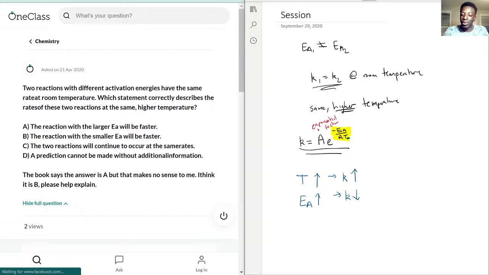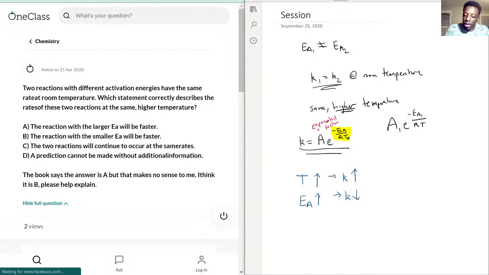So we're going to start labeling everything by 1s and 2s based on the two reactions. If we write it out, since the two K's are equal to each other, that means A1 e to the power of negative activation energy 1 over R times temperature 1, and temperature 1 is room temperature in this case.